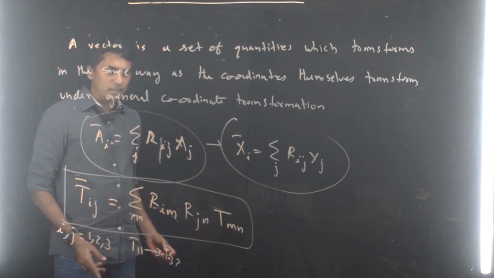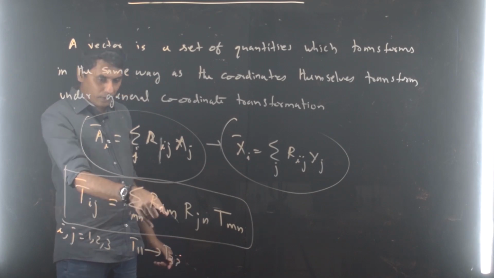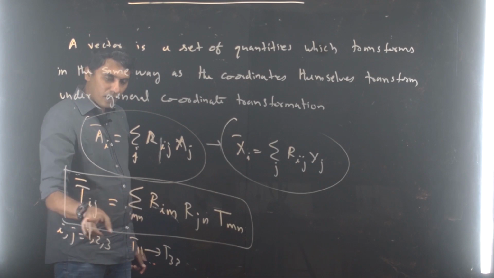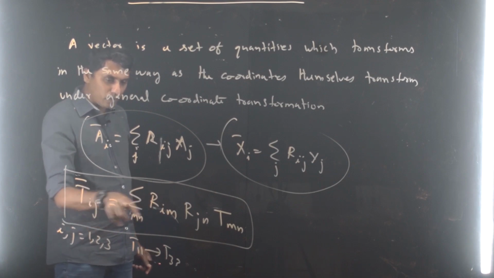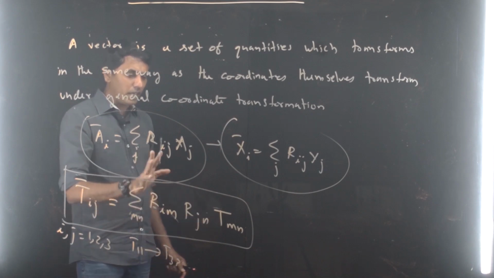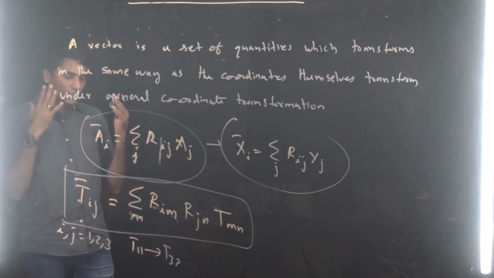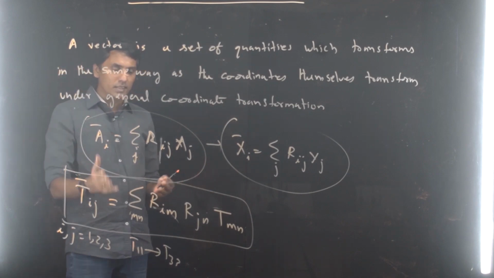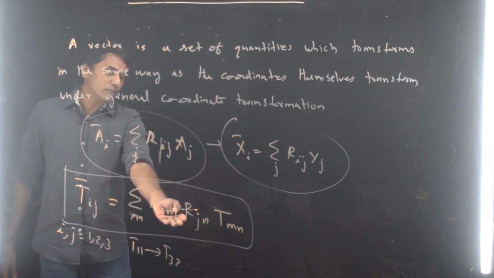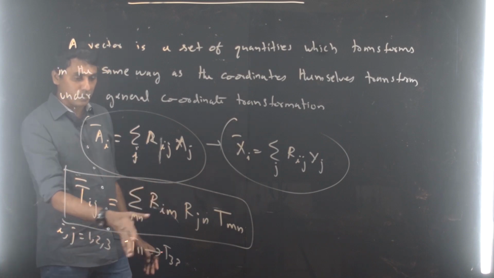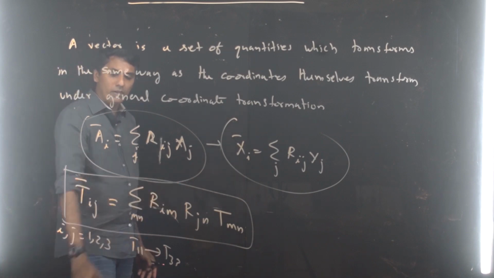For each index there will be an R matrix: for i it will have R_im, and for the other index j it will have R_jn. So you can define a second rank tensor as a set of quantities which transform in this way. It is in 3 dimensions, because i and j run from 1, 2, 3.